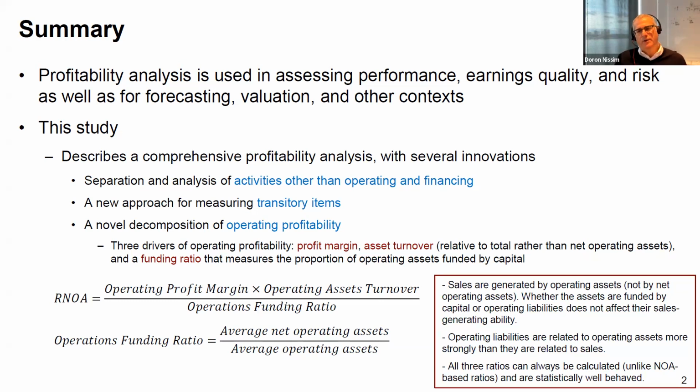Traditionally, we decompose return on net operating assets or return on invested capital into profit margin and asset turnover. So profit margin, profit relative to revenue.